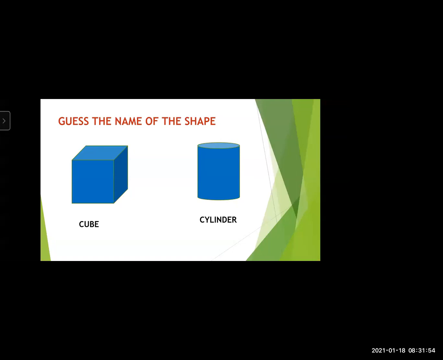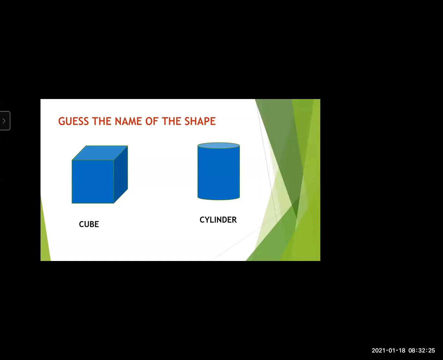Can anyone tell me what is the difference between cube and cuboid? Cuboid is a rectangular shape and cube is a square shape. Very good. Excellent. Clap for yourself. You gave the correct answer: in a cube each face is of square shape, and in a cuboid each face is of rectangular shape.